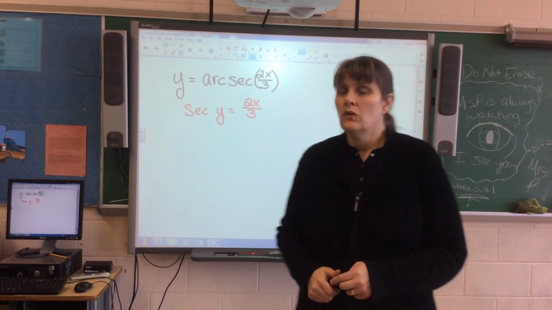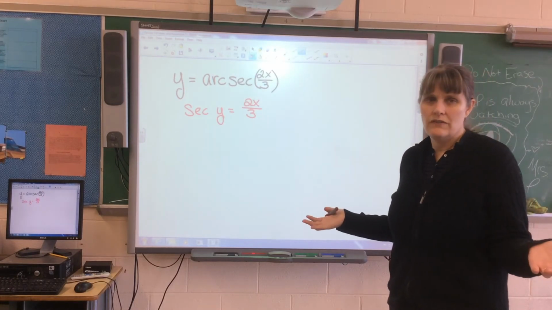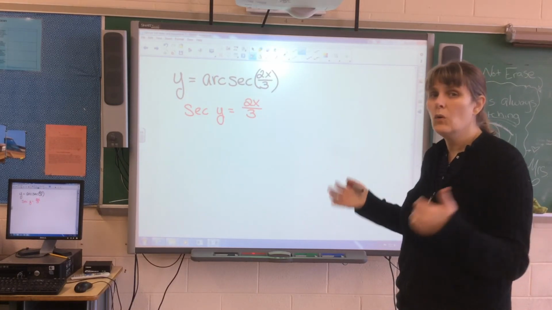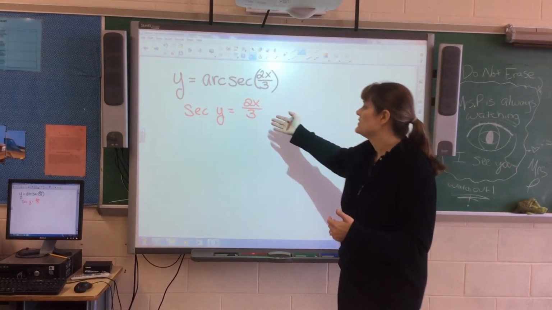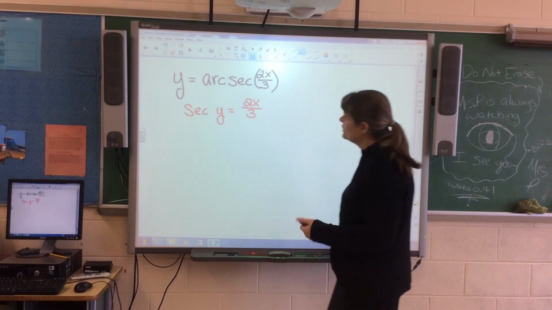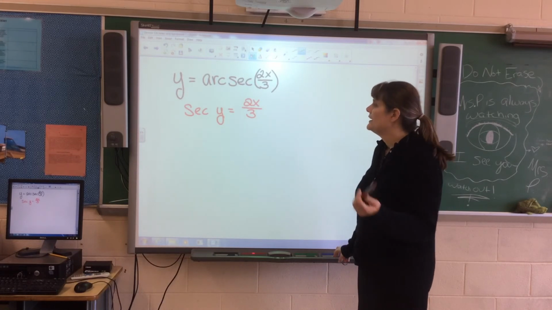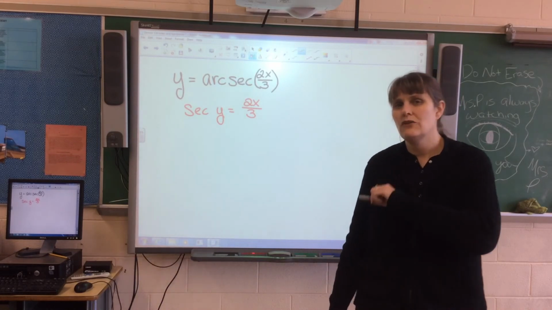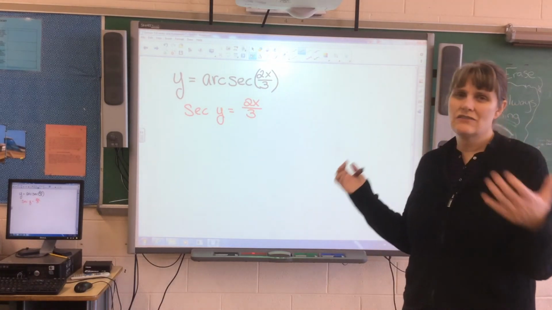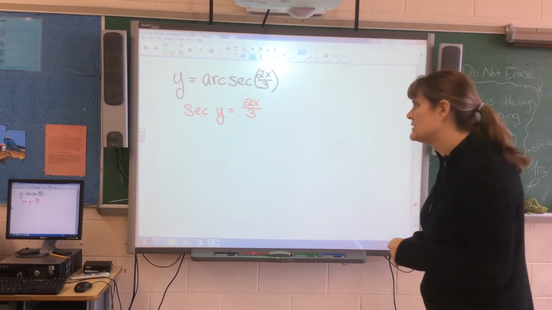Now, we certainly can take the derivative at this point, because we know the derivative of secant. Or we could rewrite it in terms of cosine. It doesn't matter. If you leave it in terms of secant, you just have to be careful when you draw your triangle that you have the sides in the right spot.